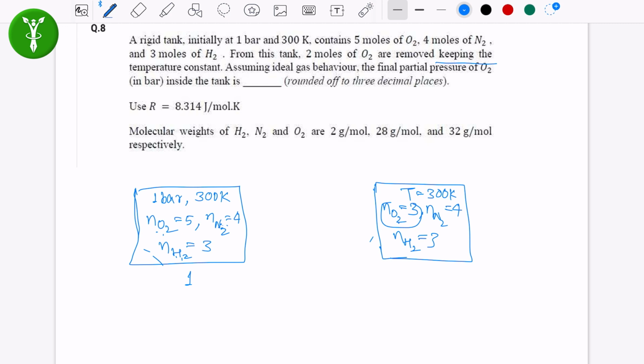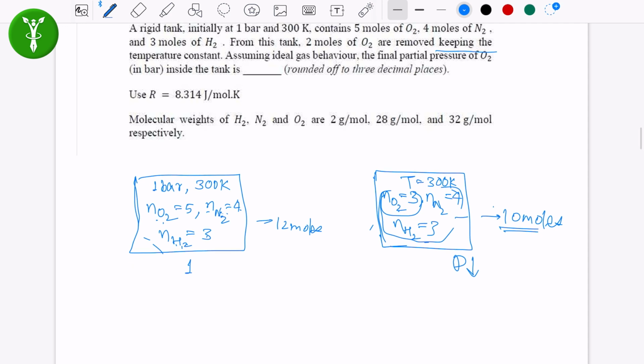So the pressure applied by these three gases will be less, because here the number of moles is 5, 4, 3, that is 12 moles, and here 10 moles. So obviously the pressure will reduce because the number of moles is reduced. We have to find the final partial pressure of oxygen.